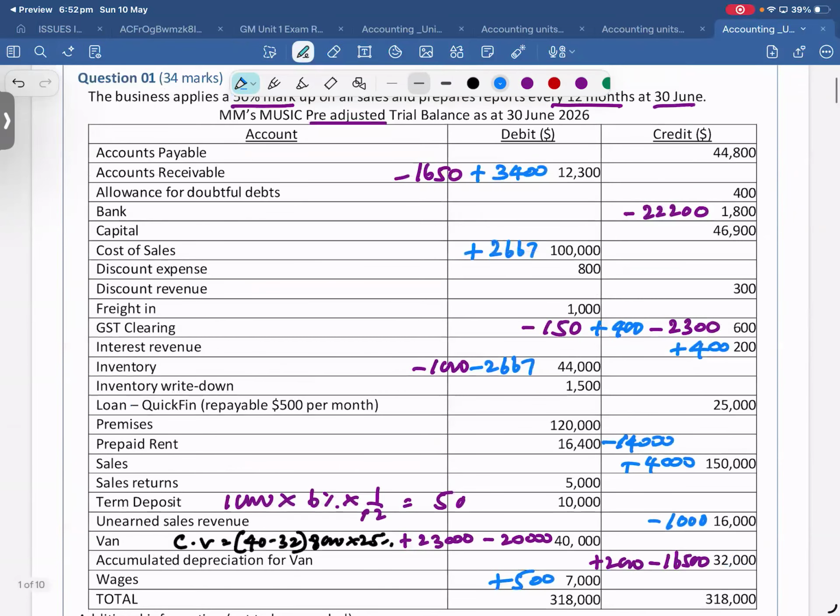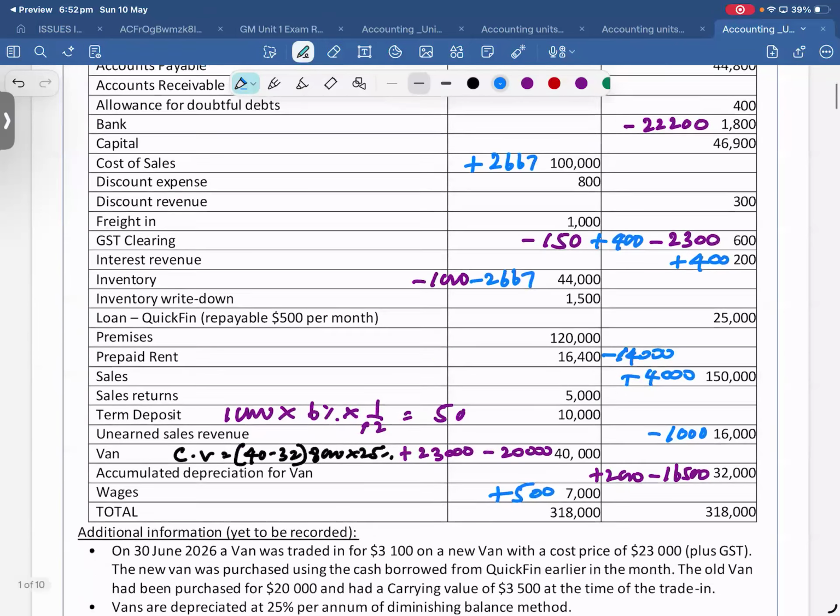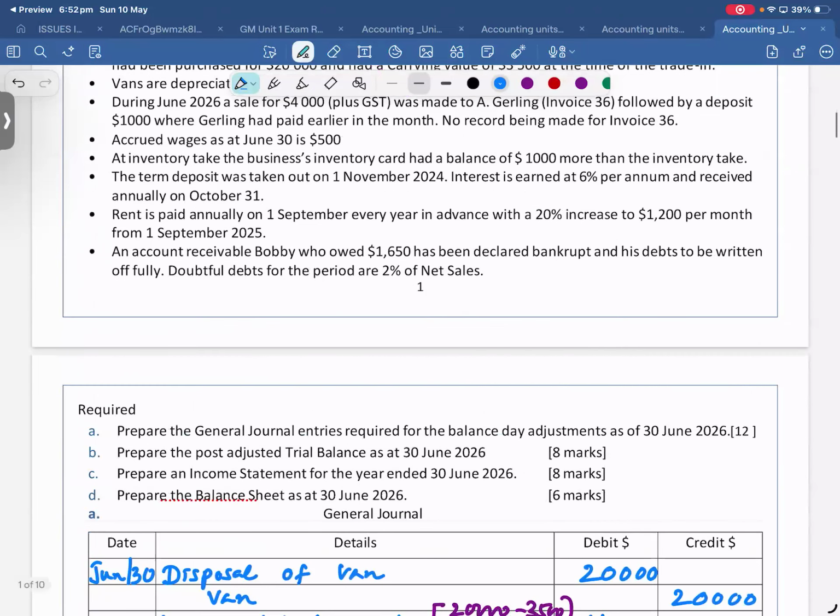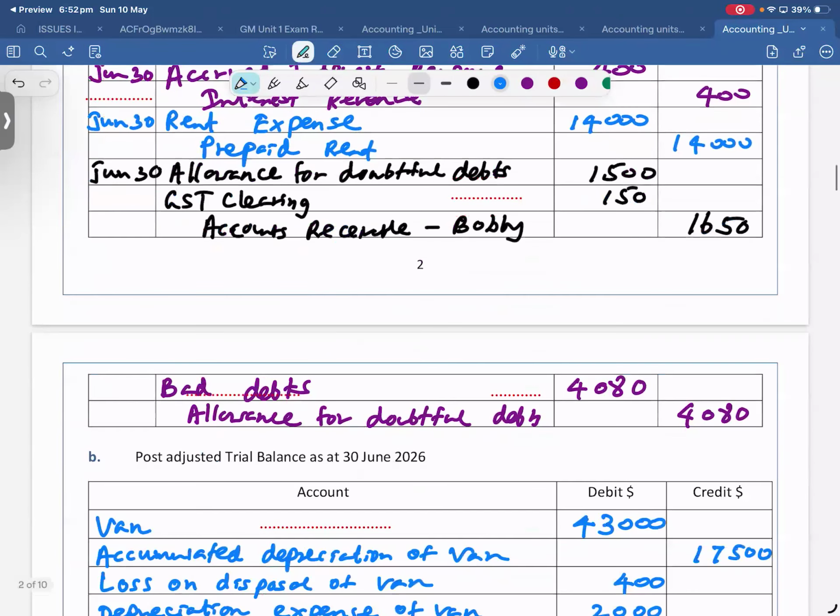Inventory write down. We didn't do any double entry for inventory write down, guys. Yes, it has been done, so we don't have to worry about it. Just write it, inventory write down 1,500.